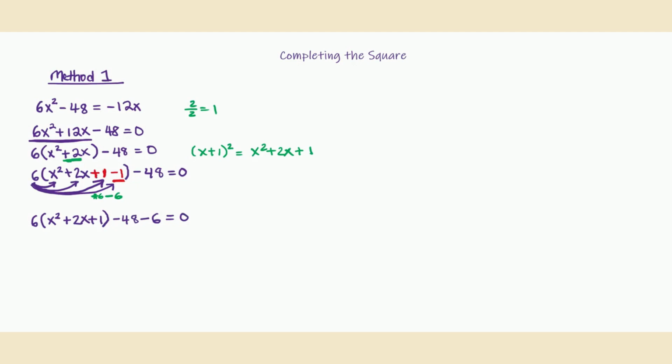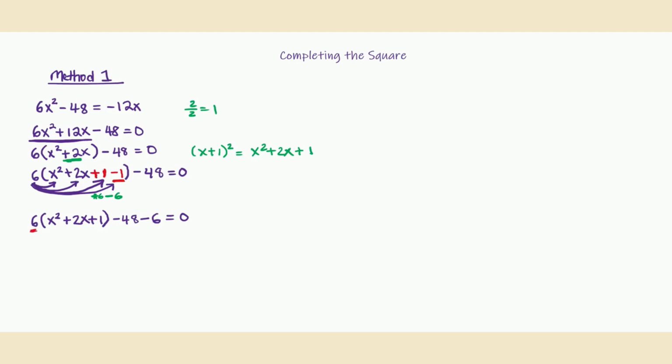Now again, this 6 is still operating on all the terms in parentheses. So this, though it's expressed as x squared plus 2x plus 1, which is the square we are completing, if we're going to remove it from parentheses, we have to remember that it is being multiplied by 6.